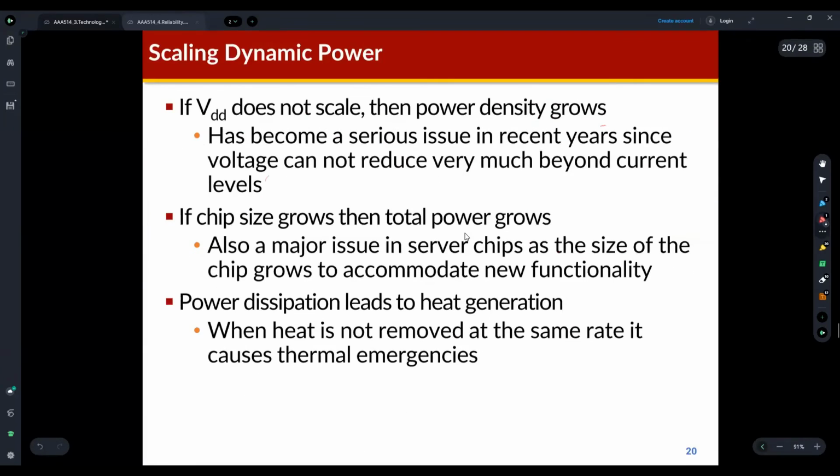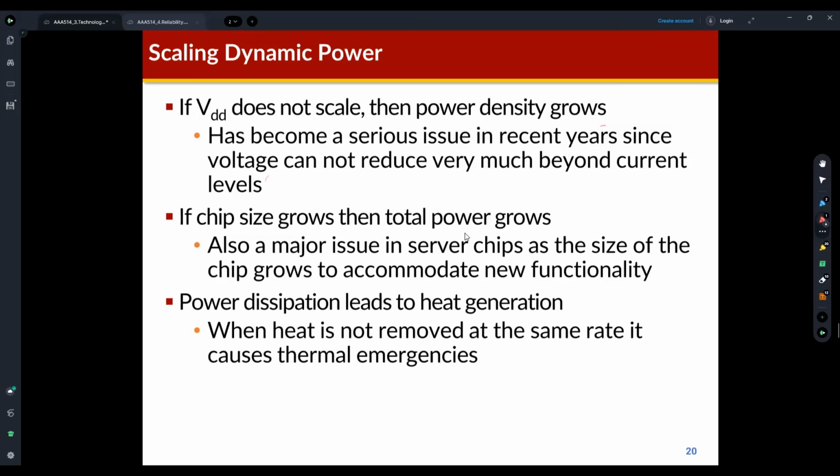So why did I explain this? In the previous several decades, the supply voltage of the CPU was about 5 volt.